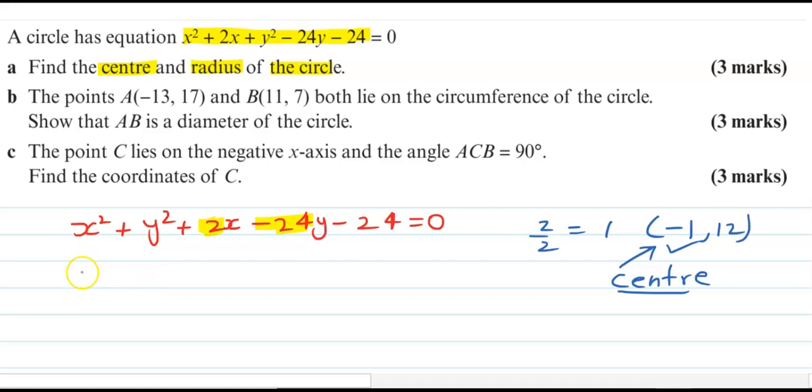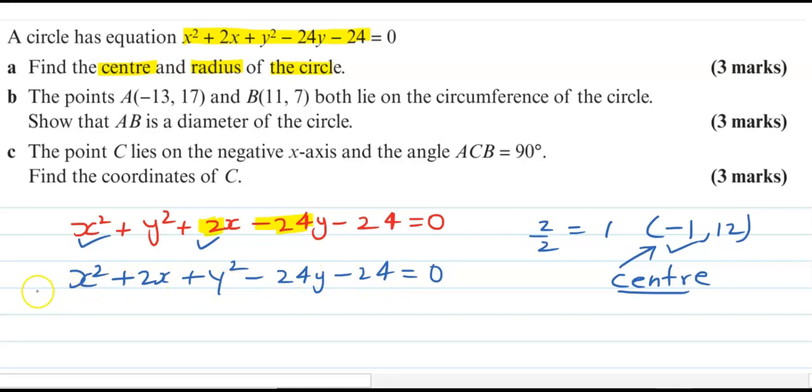So what does it mean? So you can write down x square plus 2x, plus y square minus 24y minus 24 equal to 0. Okay, and we can do completing the square here.